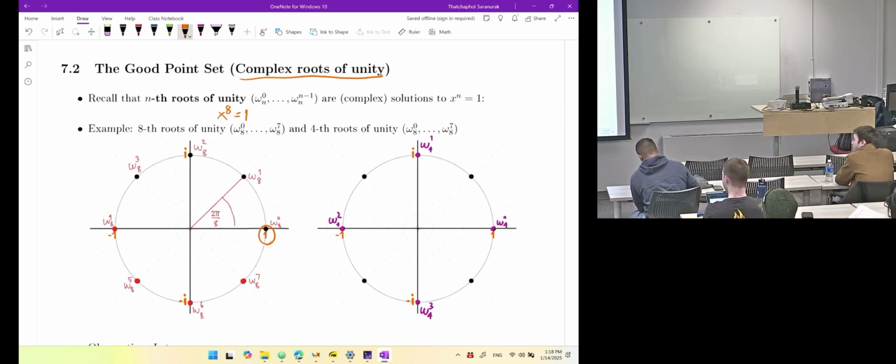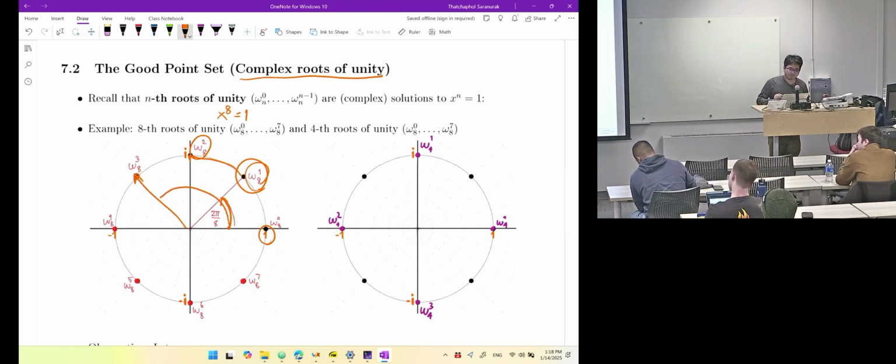And when you look at this guy squared, you just double the angle, and you get this guy. When this guy is cubed, you triple the angle, and you get this guy. So if you raise this guy to the power 8, you do this 8 times, and you get to 1. So you can see that this guy to the 8 is 1. I'm just reviewing quickly what a root of unity is.